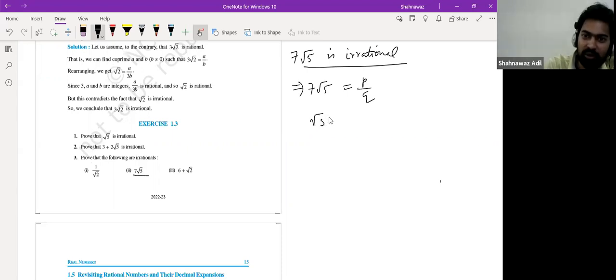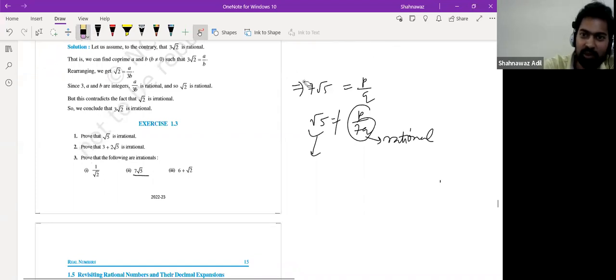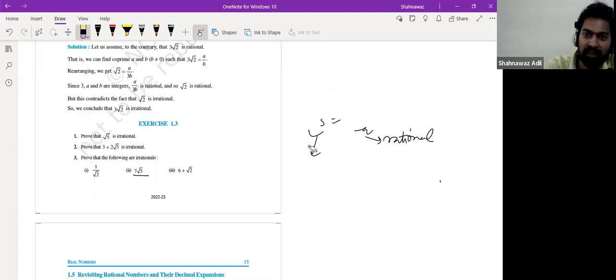So root 5 is p by 7q. This is rational, and root 5 is irrational. So our assumption is wrong. So quickly we completed the third exercise. Any doubt, Nuha? No, sir. Okay. So let's move on to the last exercise.